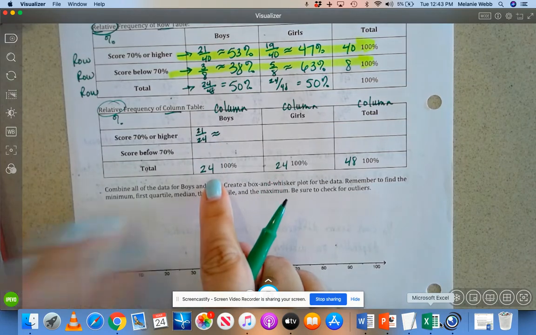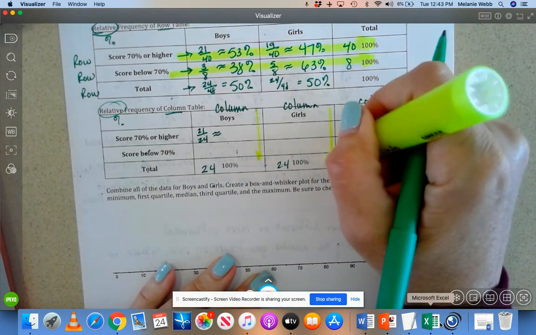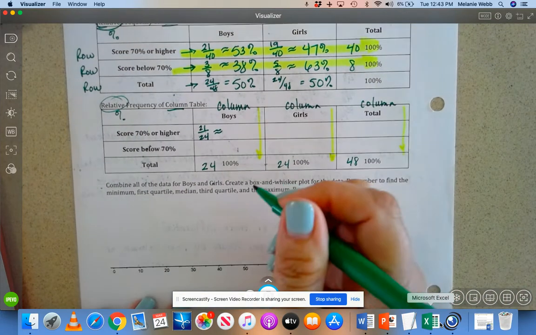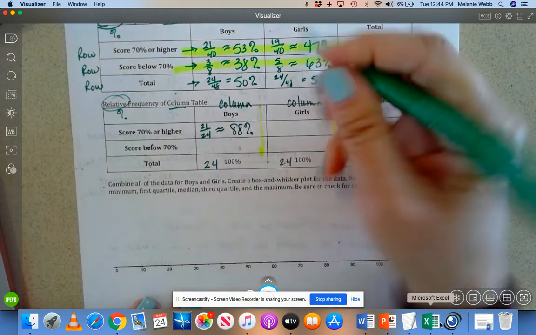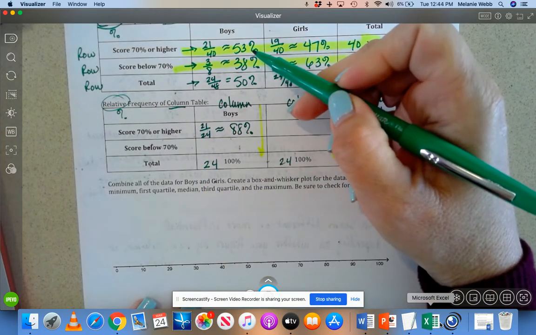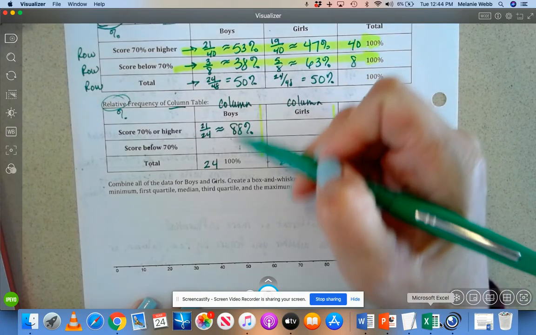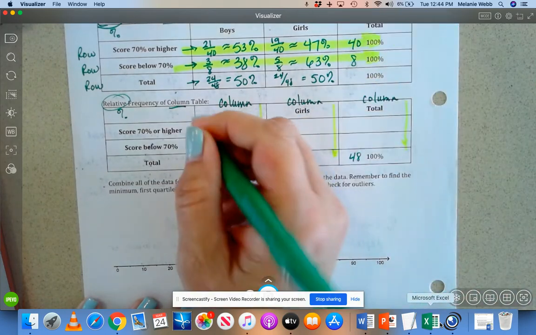Because I'm going this direction. Okay, so I have 21 out of 24, which is about 88%. Look how different that is than this by row. 53%, 88%, depending on what you're trying to say from this data. Those are really different numbers.